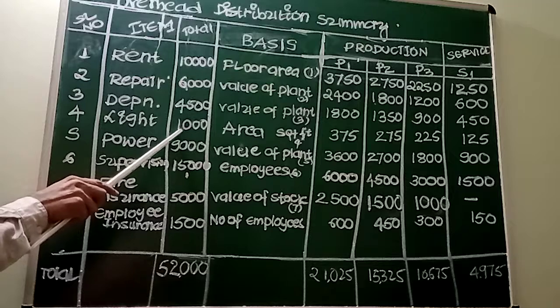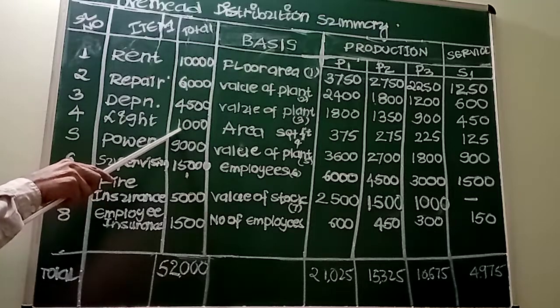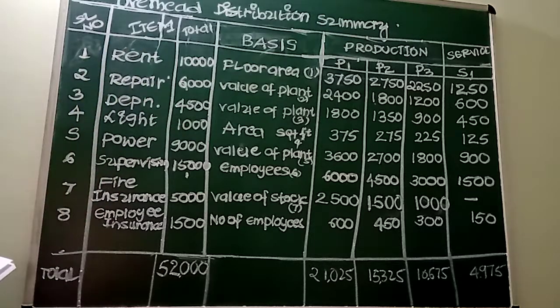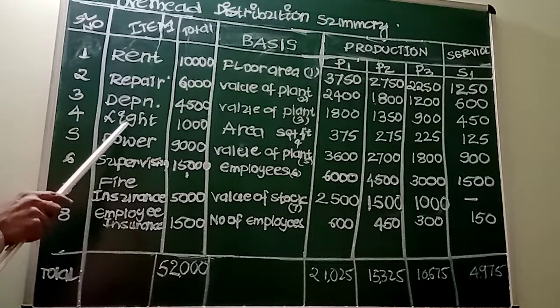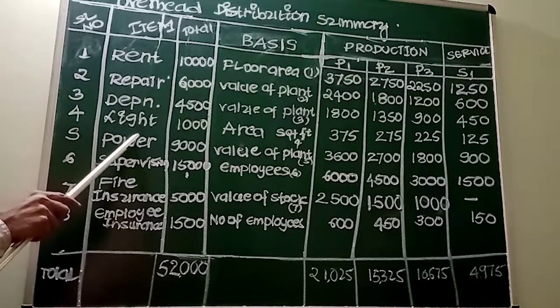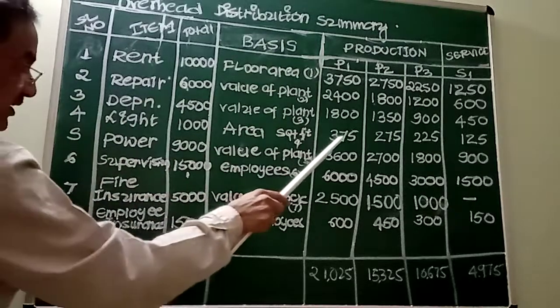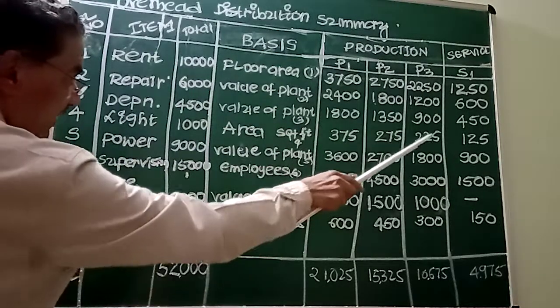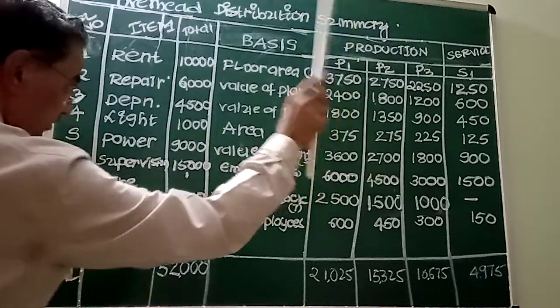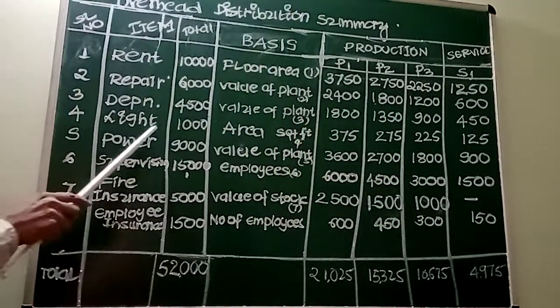See, this 1,000 rupees, area occupied here is 1,500, 1,100, 900 and 500 as given in the additional information table. You please look at that. The ratio here is 15 is to 11 is to 9 is to 5. If you share 1,000 rupees in that ratio, you get 375, 275, 225 and 125. So this is about lighting.